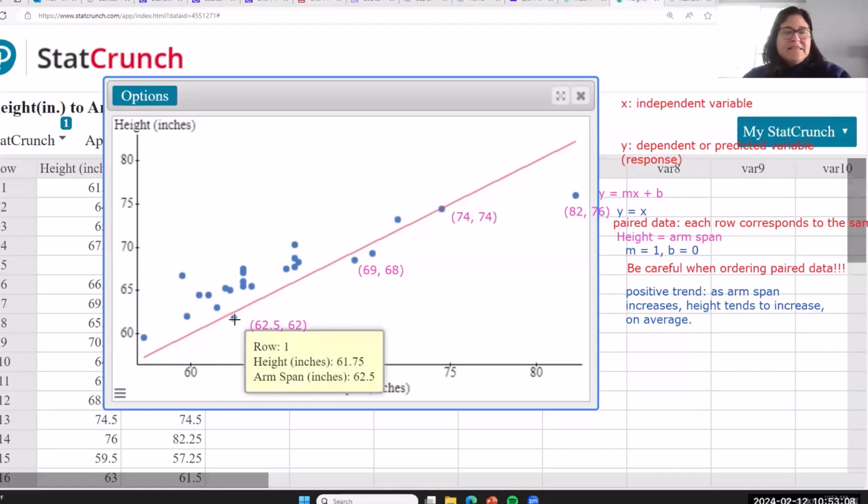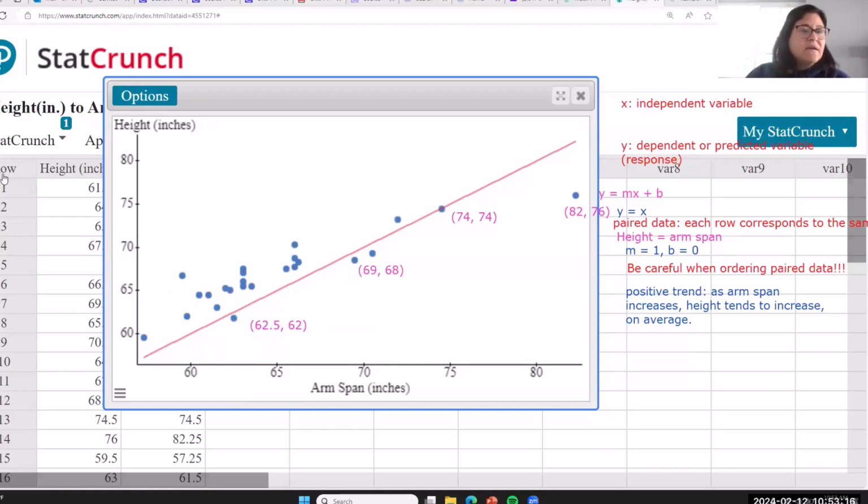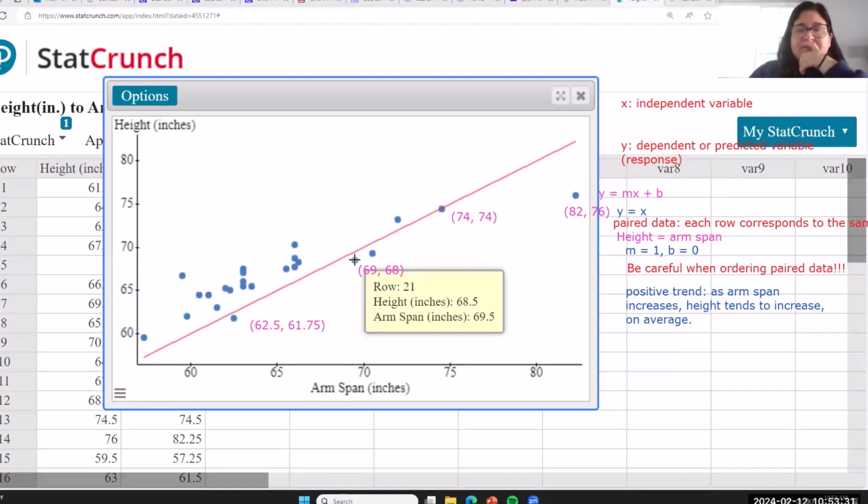So the height is 61.75. The arm span for this one is 62.5. So I got the height right, but I think this was 61.75, something like that. But what do you notice with all of these dots? 68.5 is the height, 69.5 is the arm span.